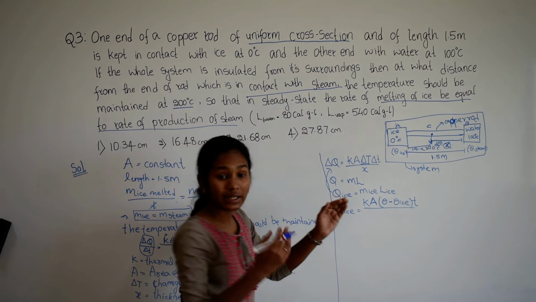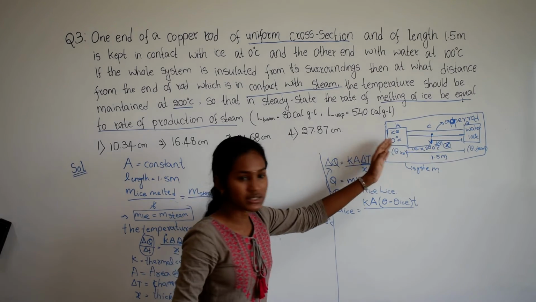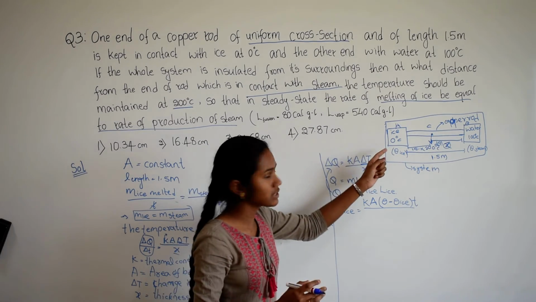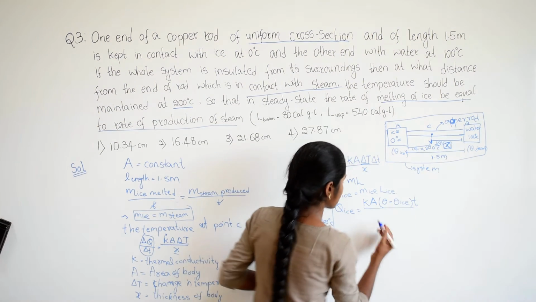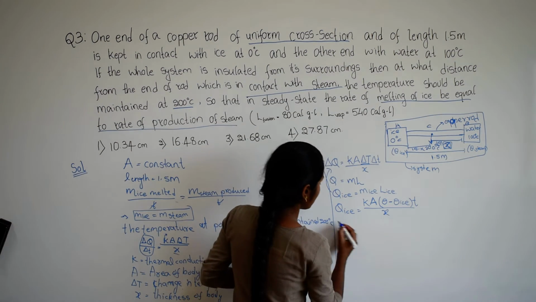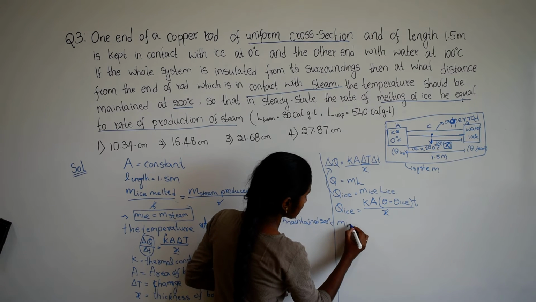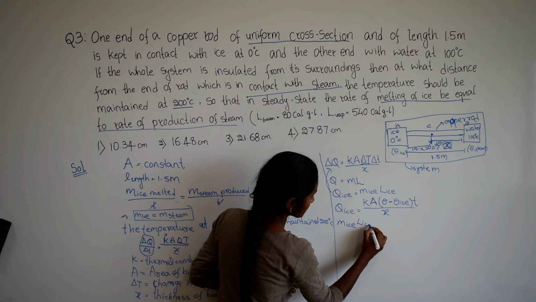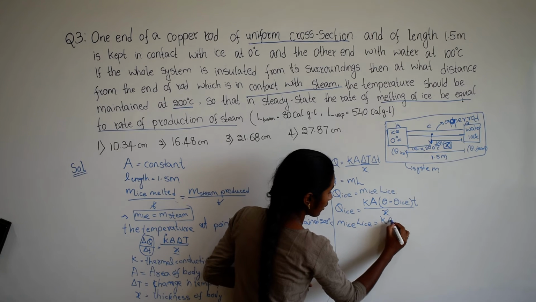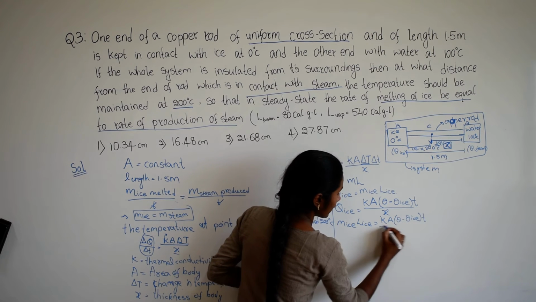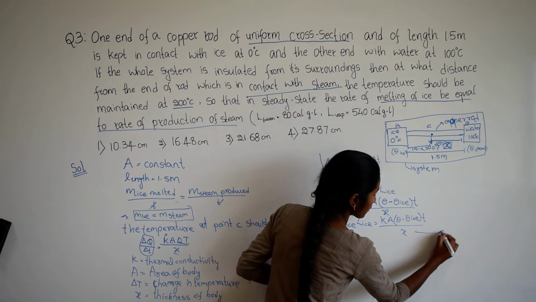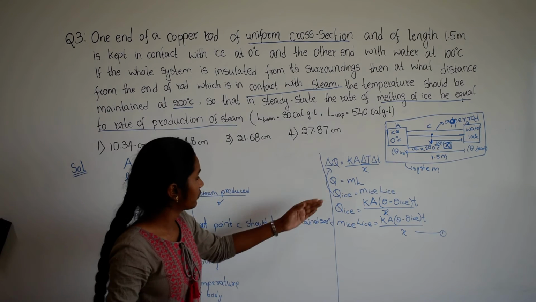Heat is coming from steam to ice to melt ice, so we consider the distance x. So mass of ice into latent heat of ice is equal to K A theta minus theta ice into t by x. Let us call this equation 1.